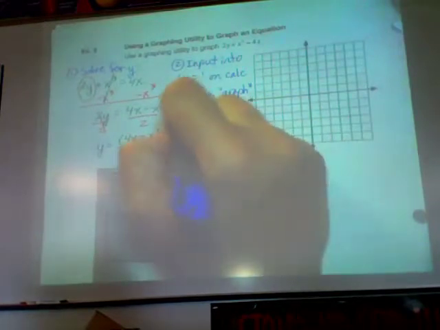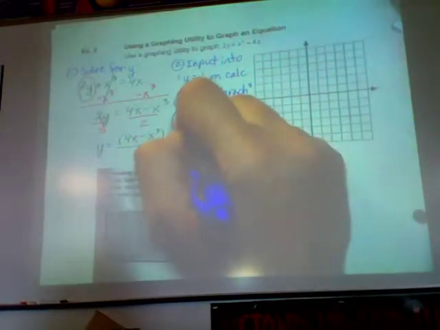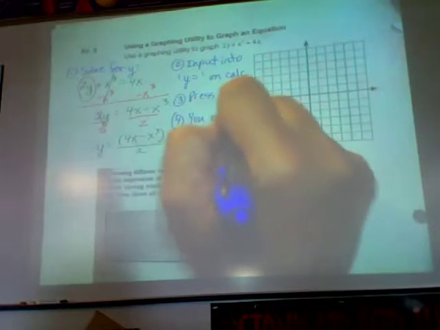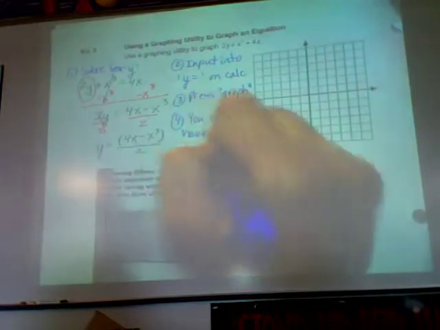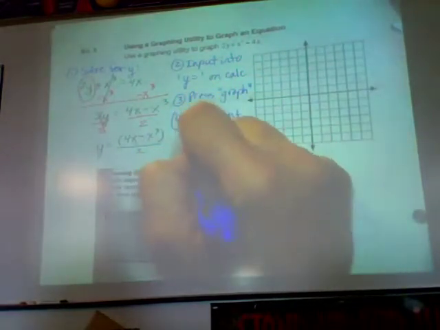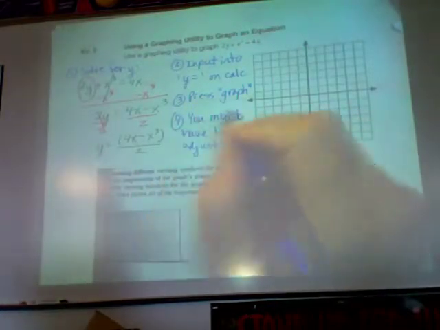And in the fourth step, you might have to adjust your viewing window.